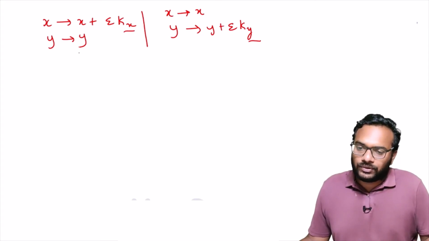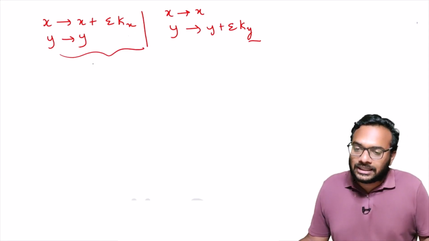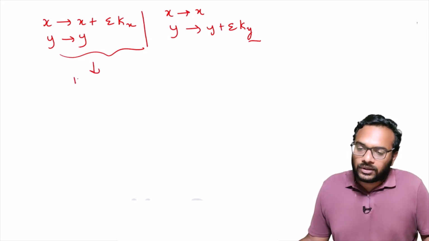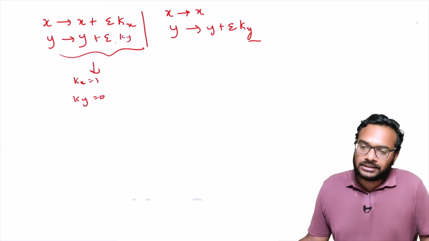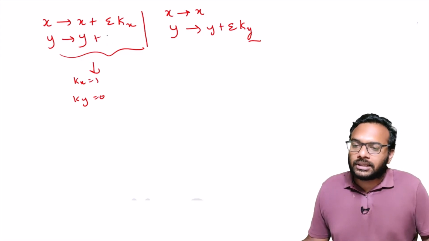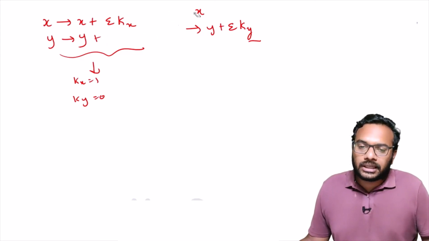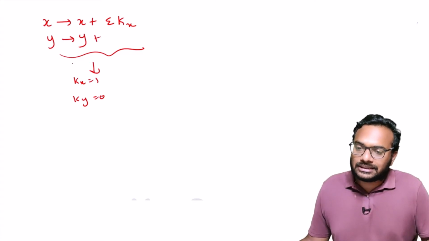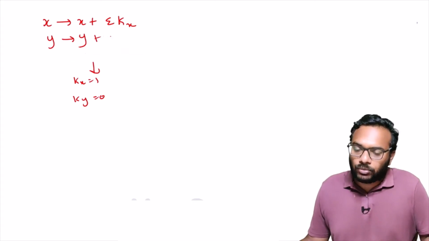So we'll first deal with this symmetry. This is one symmetry transformation, this is another symmetry transformation. We'll write the transformations as x going to x plus epsilon kx and y going to y plus epsilon ky.